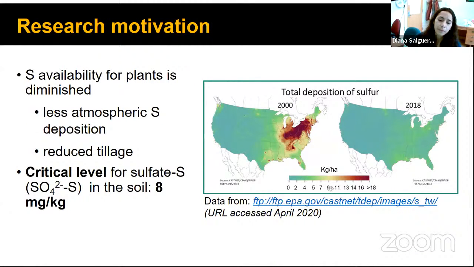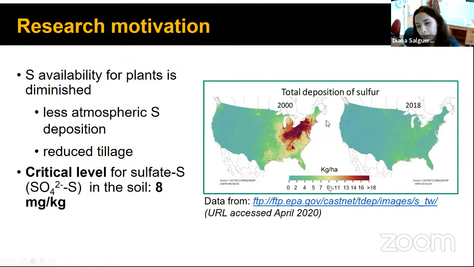Now, in the past, we wouldn't see many responses to sulfur fertilizer in many crops, but there is a perceived increased incidence of sulfur deficiency in the Midwest in recent years. Here I have a map to explain the main reason associated with these changes in sulfur availability for plants.